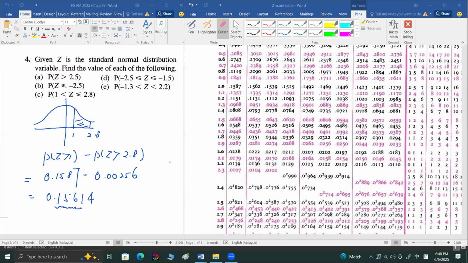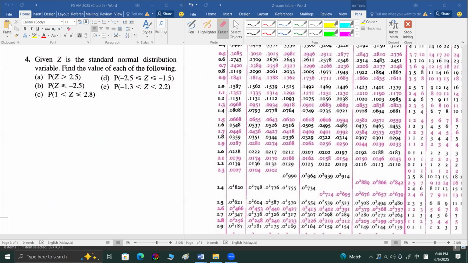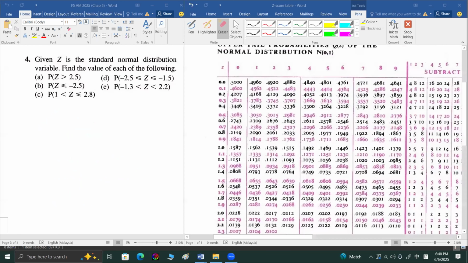Okay, so you know how to read the Z table already? But what about this value? Just now I showed you all the values lie here only. If you get one value like that, class, look at my screen. Greater than 2.564, let's say.